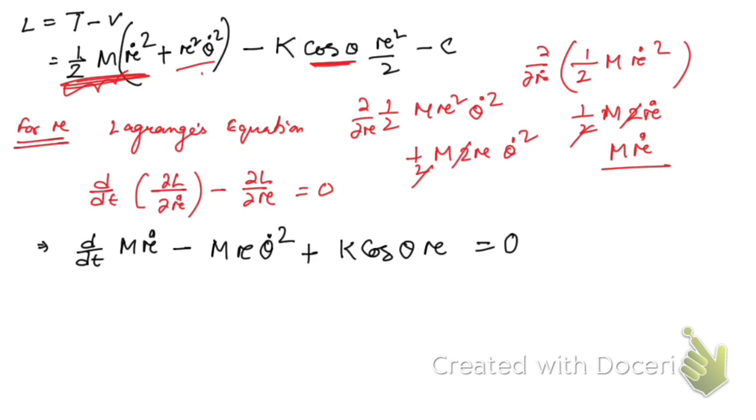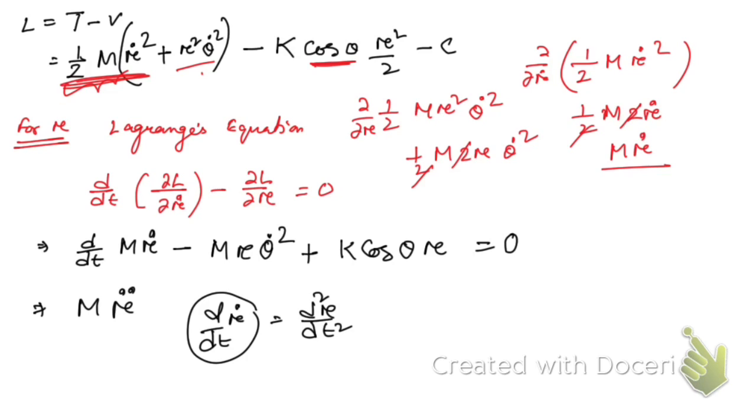So now you see what we can do here. We have to obtain the r dot and r double dot. Here we can write this part this way, that r double dot, because r dot is dr by dt, and if you differentiate it again, that's gonna be the second order derivative, which can be represented by r double dot, right?